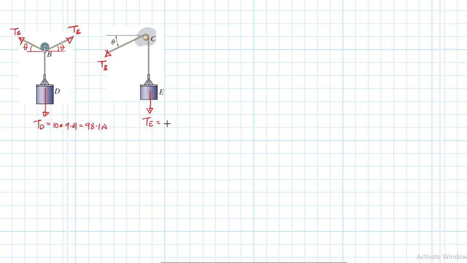And so is this one here: I will have 10 times 9.81, which is basically equal to 98.1 newtons.